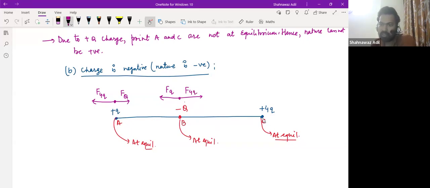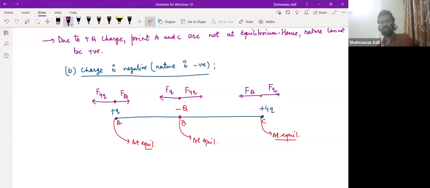Now let's come to this point. Due to minus Q, this will try to attract, so this is FQ. Clear? Yes, sir. And then this plus Q will try to repel.